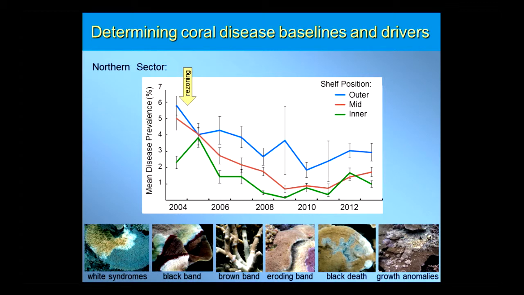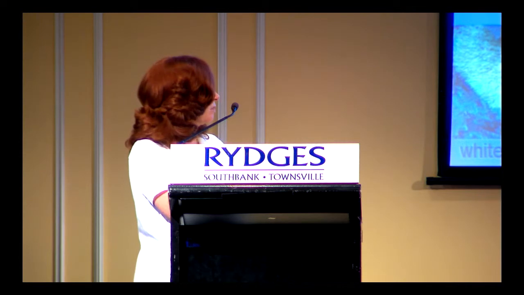To try and get at what the driver might be, or what the links might be between that rezoning and this decline in coral disease, we need to break down this overall disease prevalence into the individual disease types.